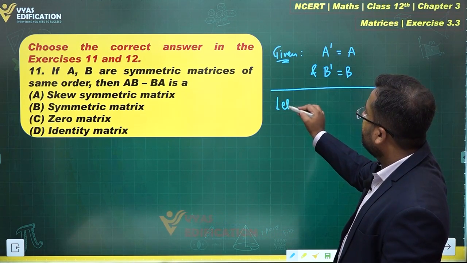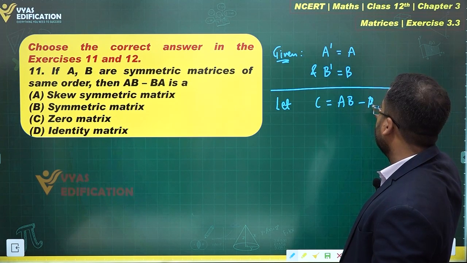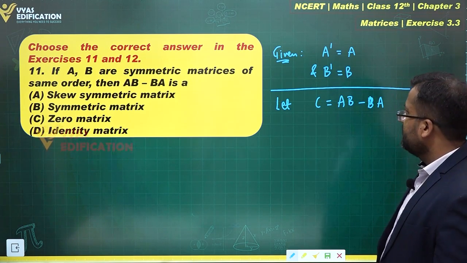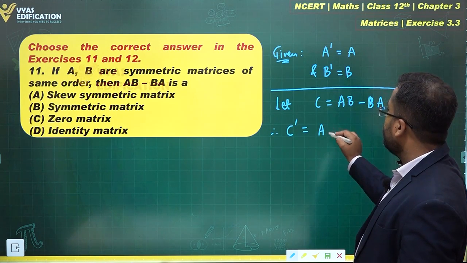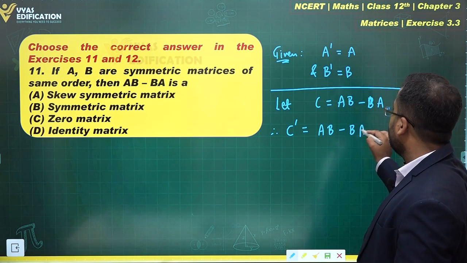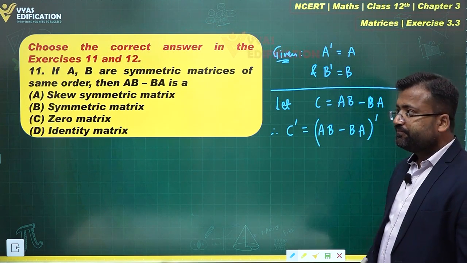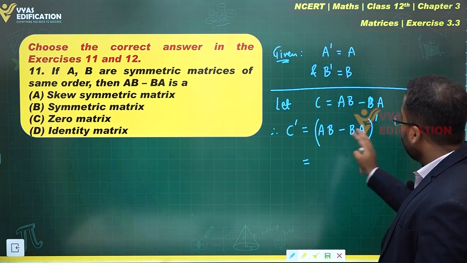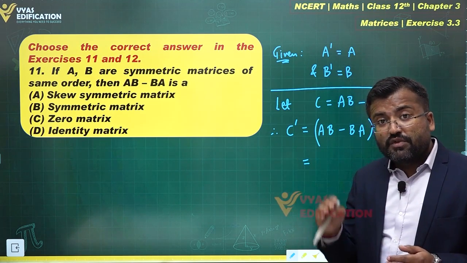So let matrix C be equal to AB minus BA. Therefore, C transpose is equal to AB minus BA whole transpose. Now transpose over sum or difference of two matrices, the transpose will shift to each matrix.